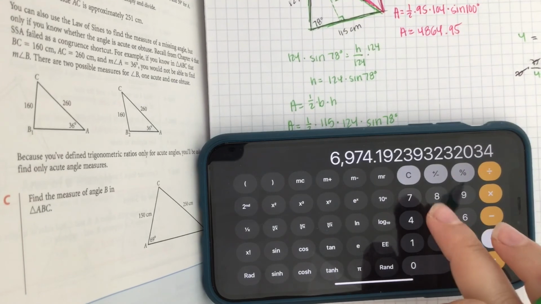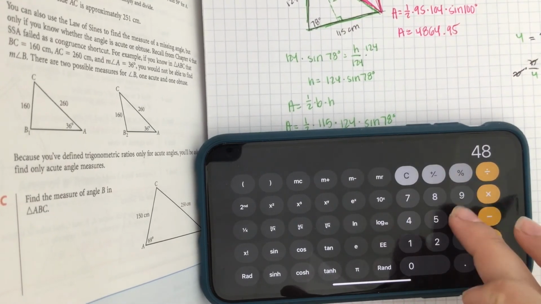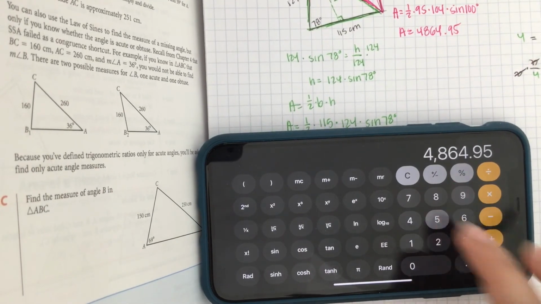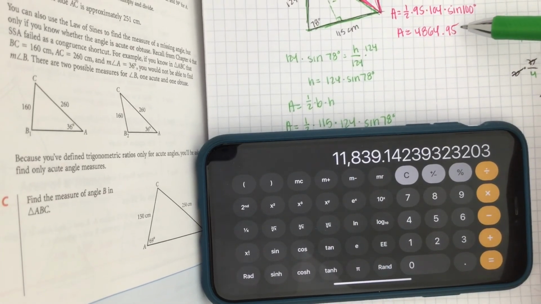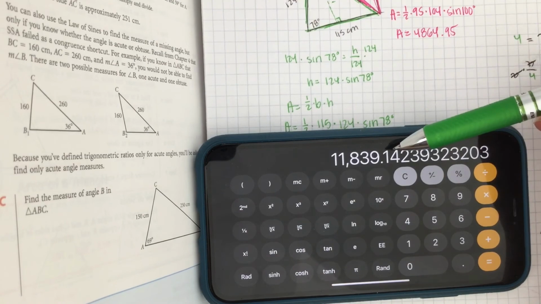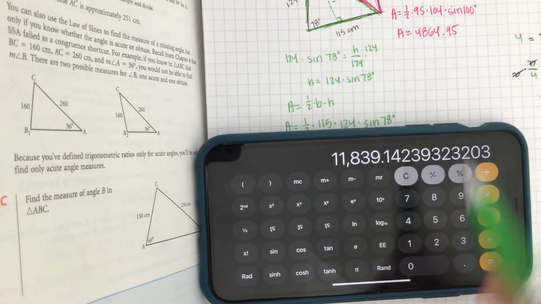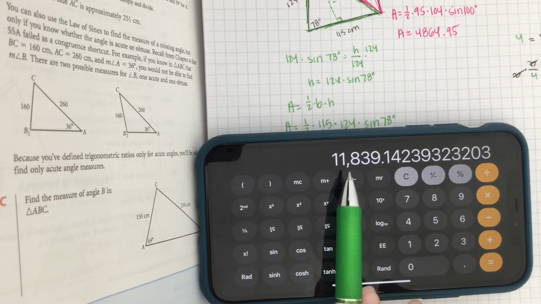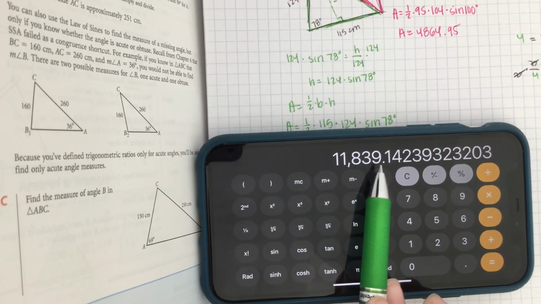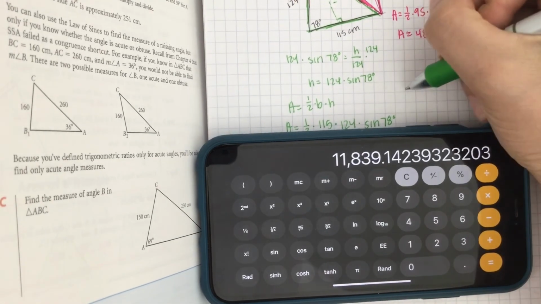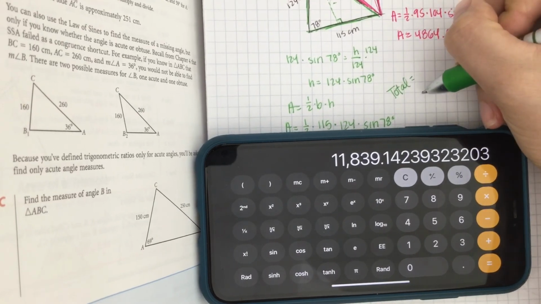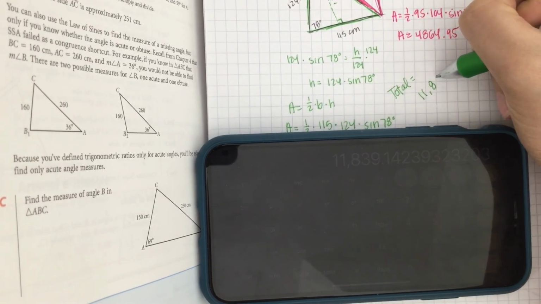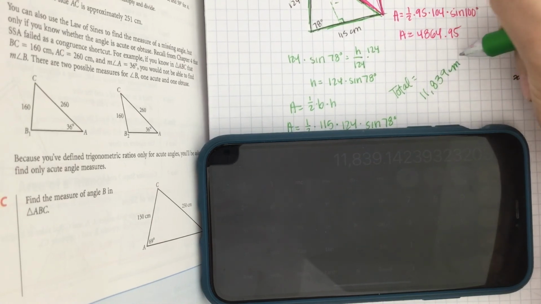So plus 4,864.95. And this is why it's important to go to the decimal on here, because we can see that we're staying the same with that 1/4. So we've got 11,839. So the total area is equal to 11,839 centimeters squared.